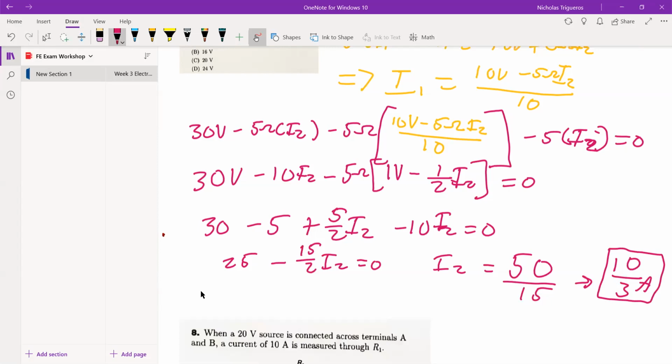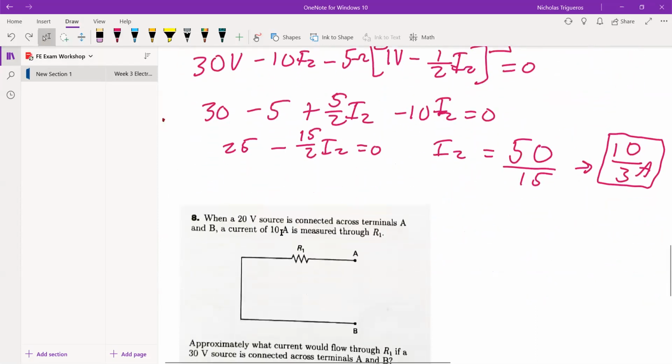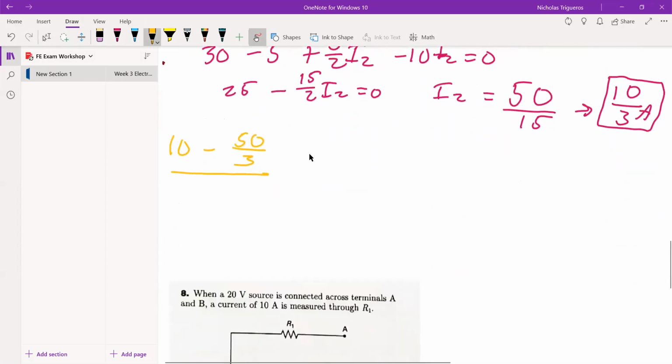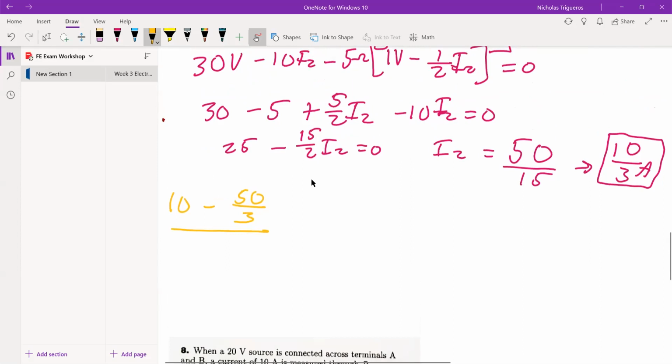Now if we throw that into our equation for I1, that times 5 is 50 over 3. Let's do a different color and also move this down a little bit. 10 minus 50 over 3, divided by 10, yeah, divided by 10.